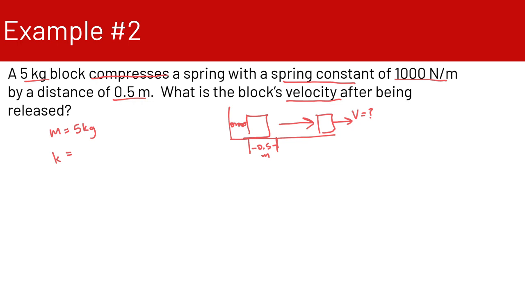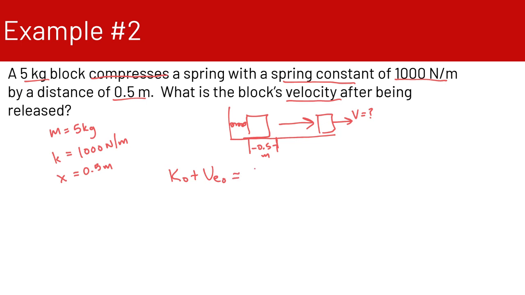Okay, so we have mass of 5 kilograms, k is 1,000 newtons per meter, and the distance that the spring is compressed is 0.5 meters. We're going to use conservation of energy to solve this problem. On the left side of our equation, we have initial kinetic energy plus initial spring potential energy.